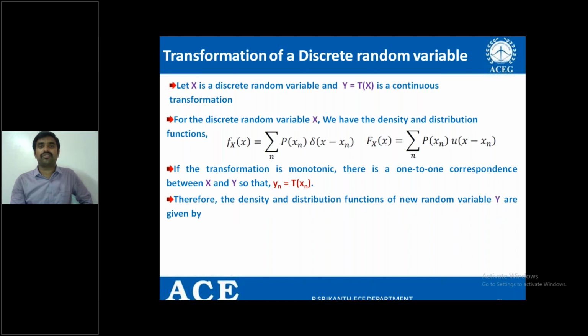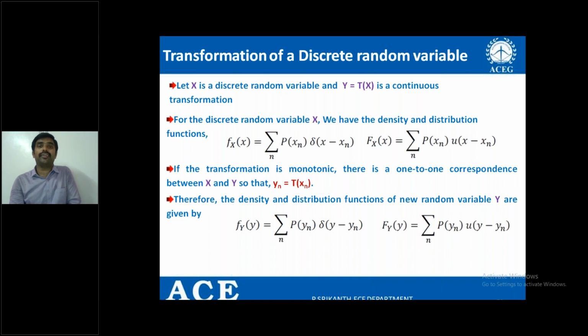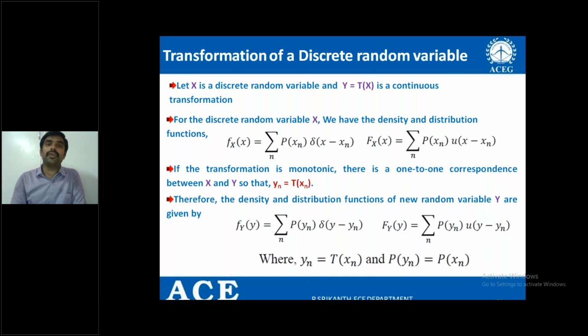Therefore, the density and distribution functions of the new random variable Y are given by: the new density function f_Y(y) = Σ p(y_n) δ(y − y_n), and the distribution function is F_Y(y) = Σ p(y_n) u(y − y_n). But how do you get these values? Again, from the existing random variable, where y_n = T(x_n) and p(y_n) = p(x_n). Am I clear?